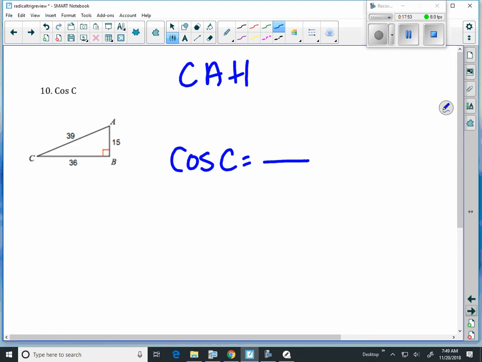So you always want to look at which one's the hypotenuse. We know the hypotenuse is 39. That's going to be our denominator. We want the adjacent side. So if you look at C, 15 is opposite C. Right next to C is 36. That's your adjacent side. So it's the side that's right next to your angle that's not the hypotenuse.